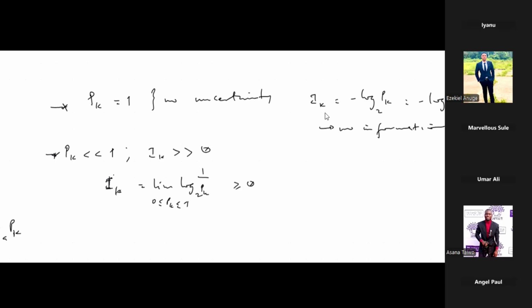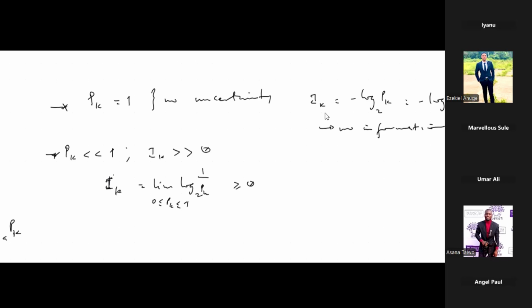Now, this gives us the idea that there is never loss of information if the level of uncertainty of the outcome is high. Okay? No loss of information. So the idea that we will be able to recover the information no matter how noisy the channel may be is high.